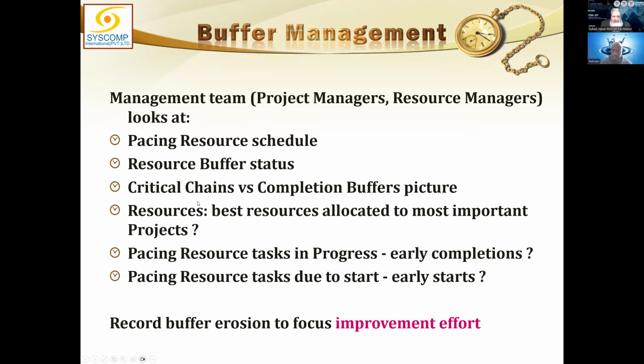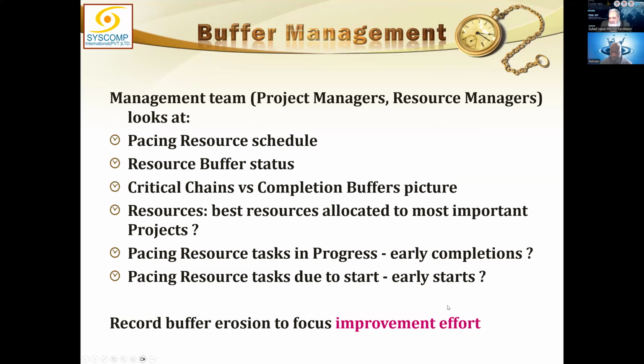So critical chain versus the project buffers. Resources: best resources allocated to most important projects. That is through this resource buffer. Pacing resource task in progress for early completion and pacing resource task due to early start.